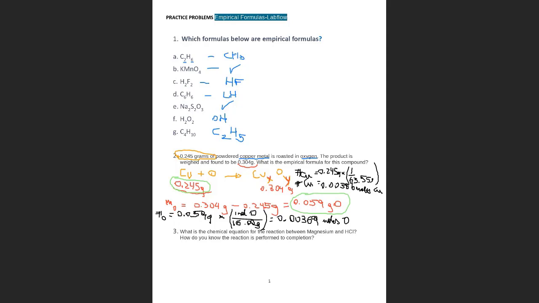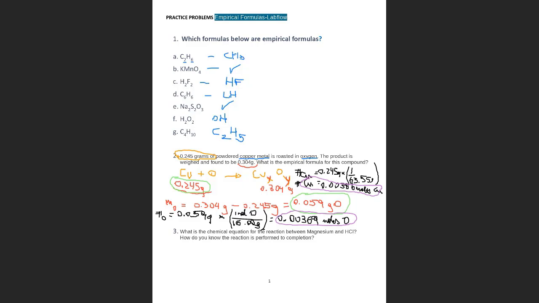But in this case, the second step is how do you convert grams into moles of the same element? You just divide by the atomic weight. So in our case, we have this number of moles of copper, and we have this number of moles of oxygen. We are very close to the empirical formula. Very, very close.